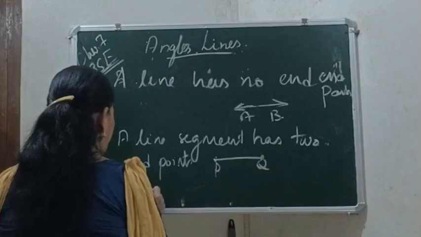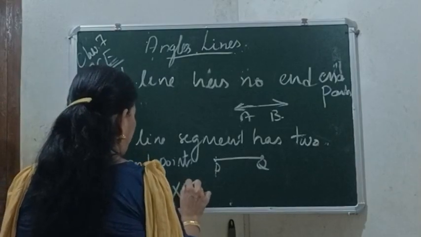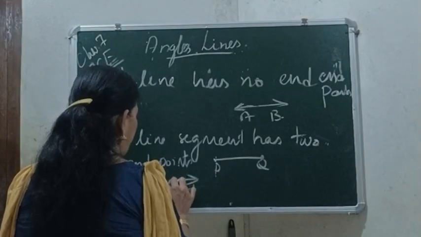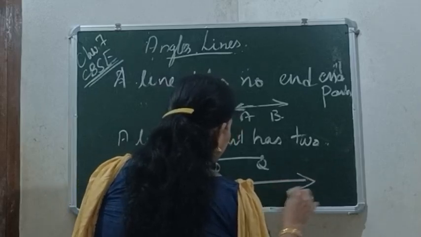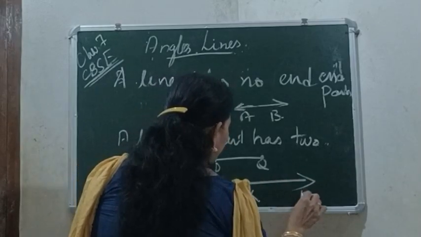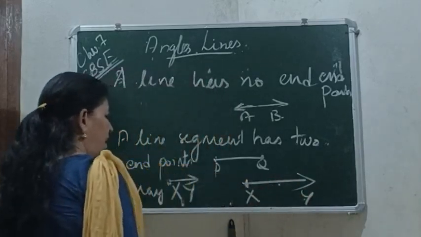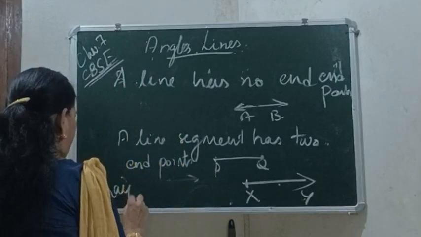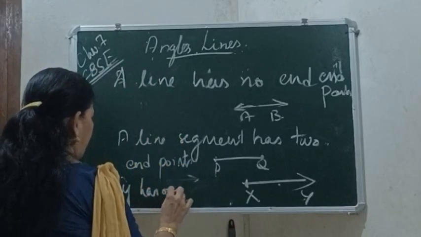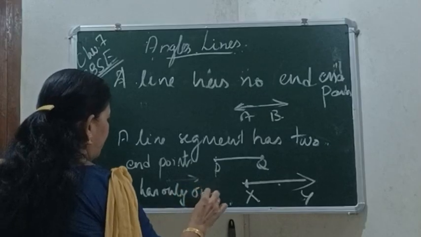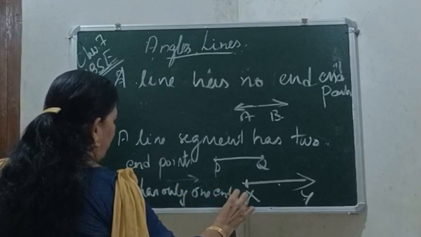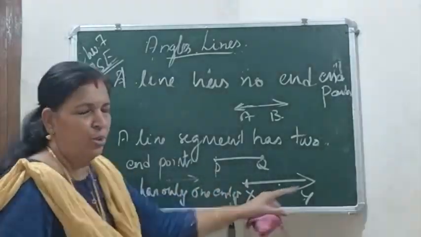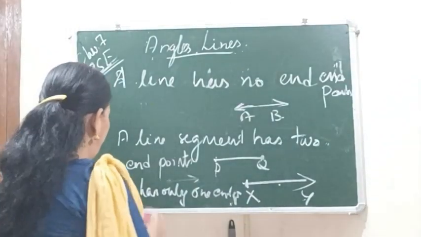A ray XY has one endpoint, X. Only a ray has only one endpoint, and the other end goes to infinity. Okay.